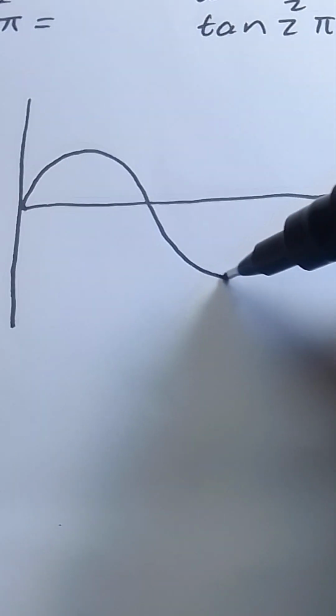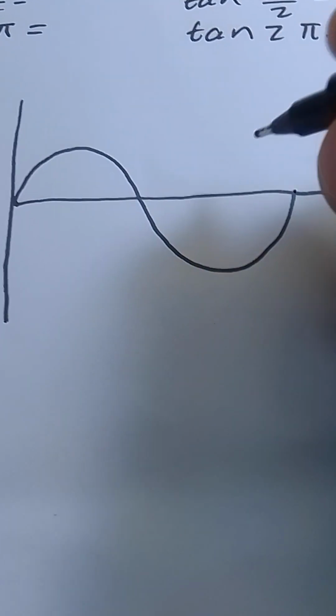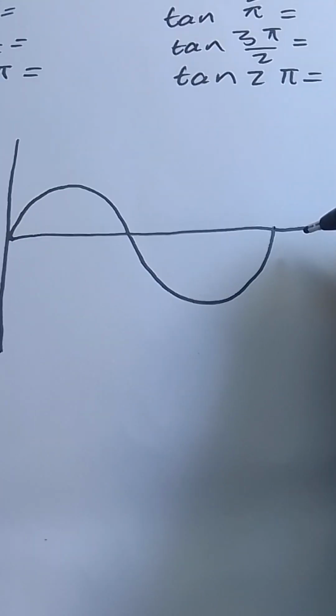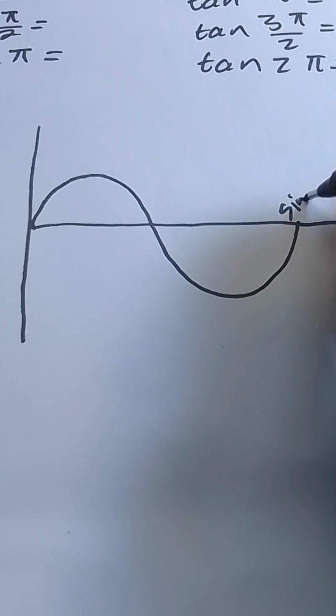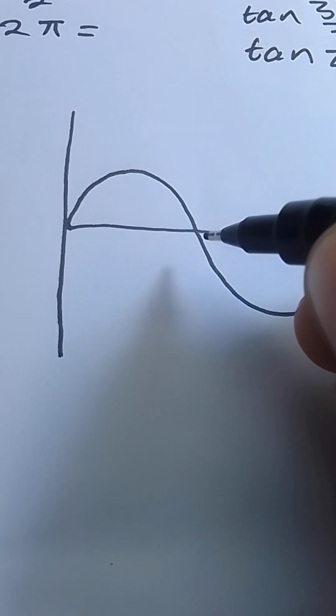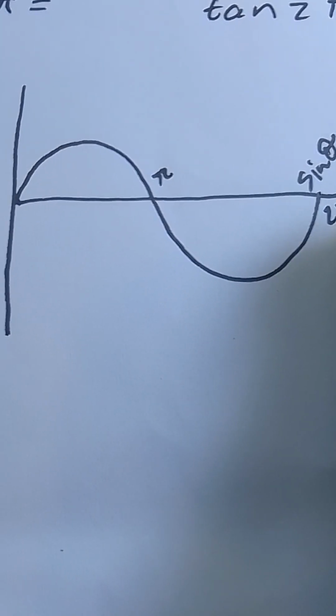So this is the sine graph. You can put on the labels, but it's not important for now. This is pi. This is 2 pi. This is 0. This is pi by 2.